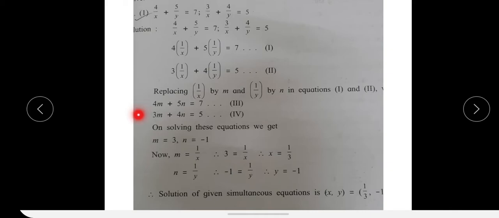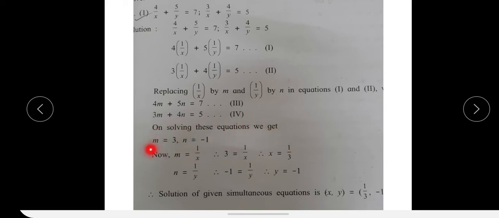To make the coefficient of m the same, you multiply the first equation by 3 and the second equation by 4. While if you want to make the coefficient of n the same, then you multiply equation number 3 by 4 and equation number 4 by 5. Then by solving these equations, you will get the values.